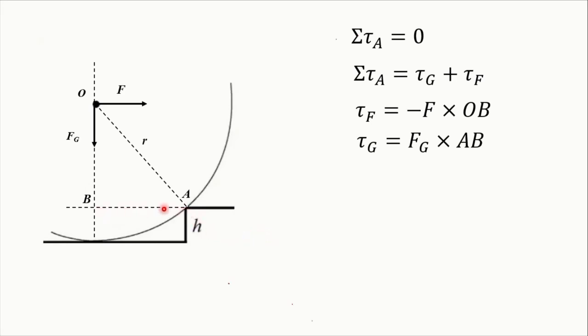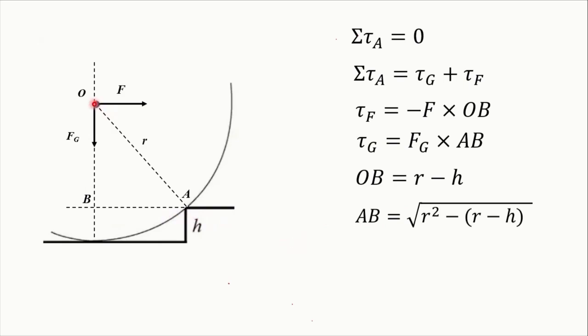AB we can find from the Pythagorean theorem for triangle OAB. So OB is equal to R minus h, and AB is the square root of R squared minus (R minus h) squared. After some simple algebra, we can write that AB equals this formula.